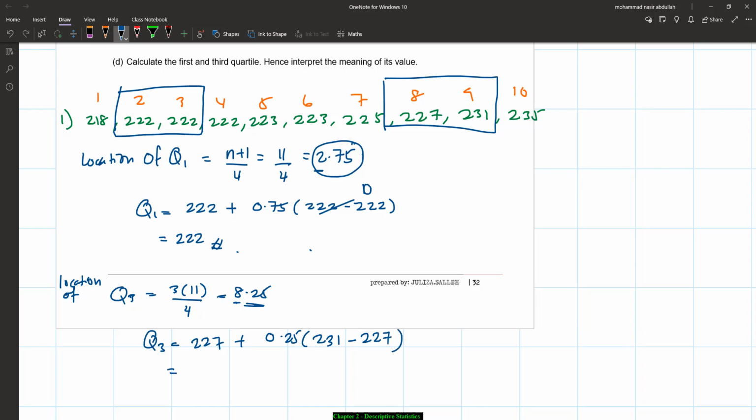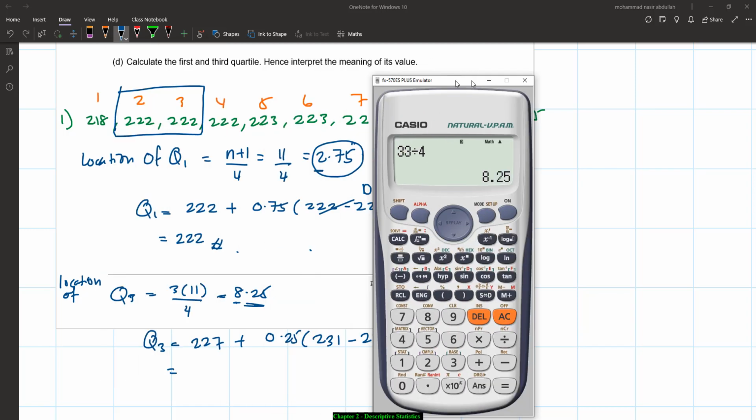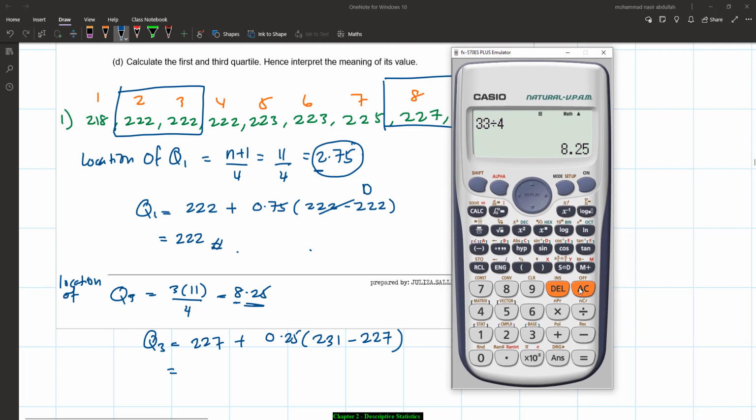So we just plug in the values into the calculator. So this one should be 227 plus 0.25 multiply with, open bracket, 231 minus 227, close bracket, is equal to 228.